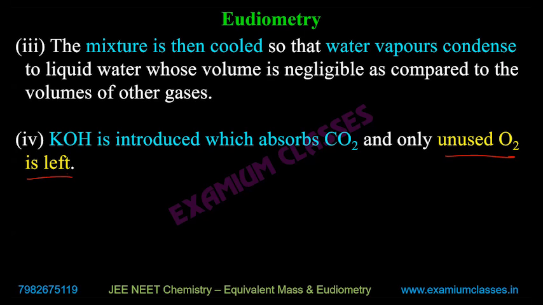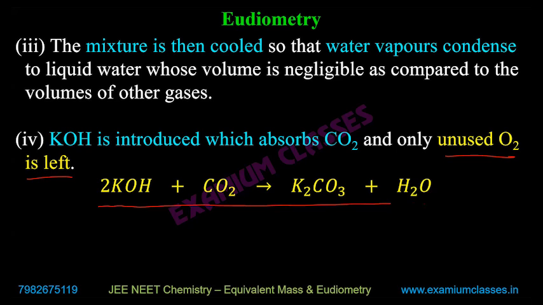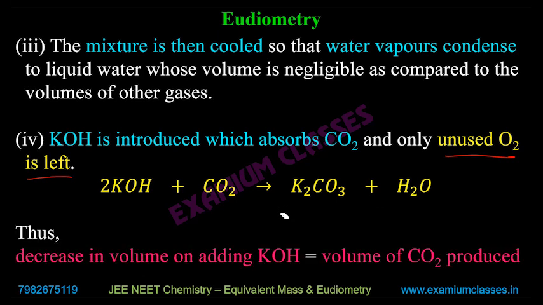I will tell you how this will help you to calculate the amounts. So this is the reaction which takes place. Normally, you will not get this reaction written wherever eudiometry is explained, but you should remember this is how carbon dioxide is absorbed by KOH. It will get converted to potassium carbonate. Thus, the decrease in volume on adding KOH will be the volume of CO2 produced.